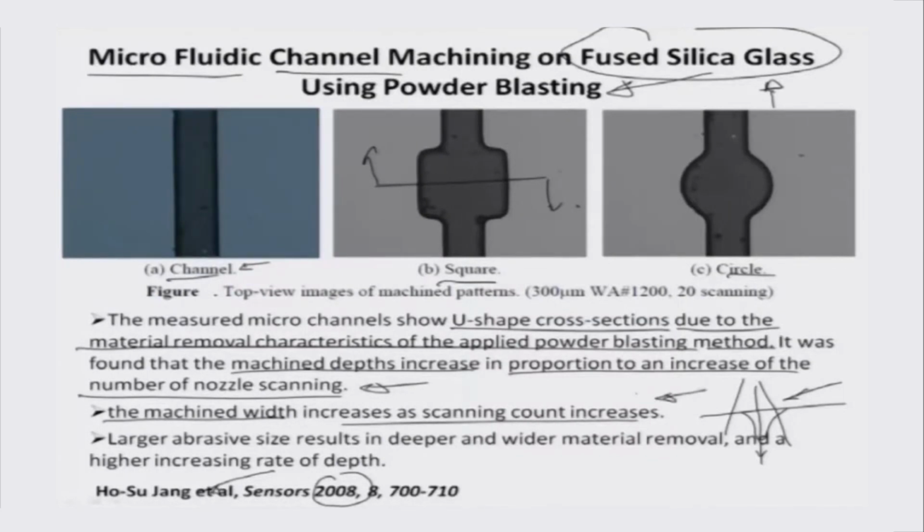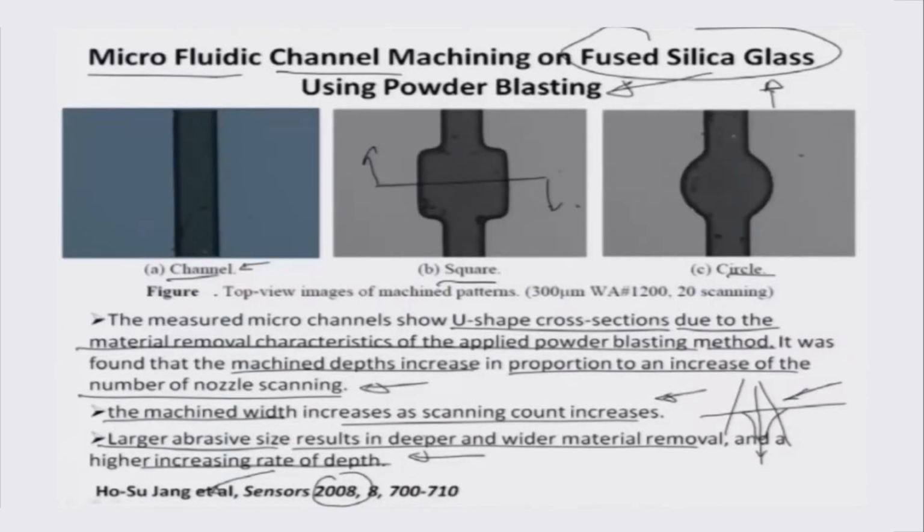So, both depth and width increase as the scanning count is increased, and the larger the abrasive size, the deeper and wider the material removal, of course, because of the higher impact of the grains, because of higher mass. So, it typically increases the rate of depth-based etching if the particles are higher in size.